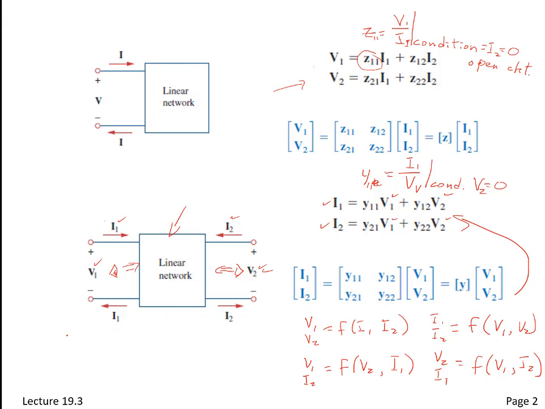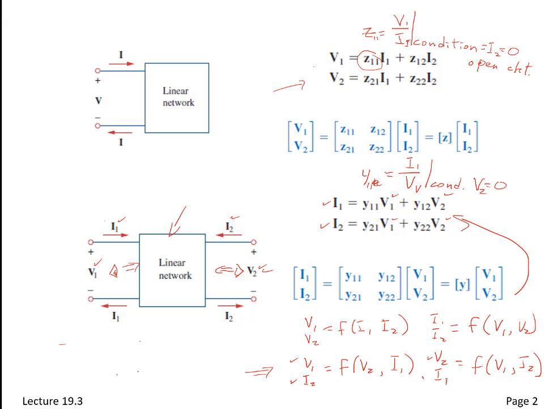Okay, these others down here are going to lead to what we call hybrid. But really there's nothing hybrid about it. The mathematics is identical to what we did for impedance and admittance. The only hybrid comes from the fact that we're now dealing with one of each, voltage and current.